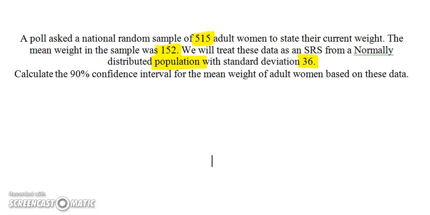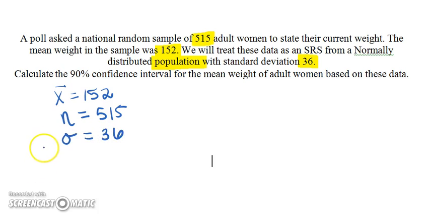And so if we want to write that in symbols, we have x bar, our sample mean, equal to 152. Our sample size, n, is equal to 515 adult women sampled, and sigma is equal to 36.